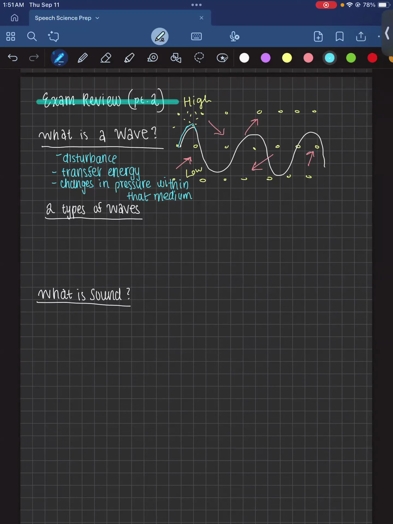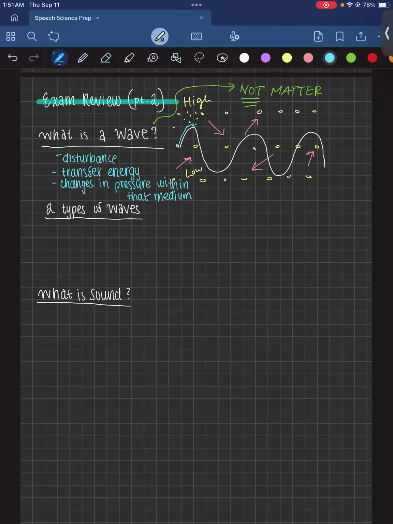So the main thing to note, though, maybe more than asking what is a wave, is what is not a wave? A wave is not matter. Let me say not matter, so we don't get that confused. It's not matter.